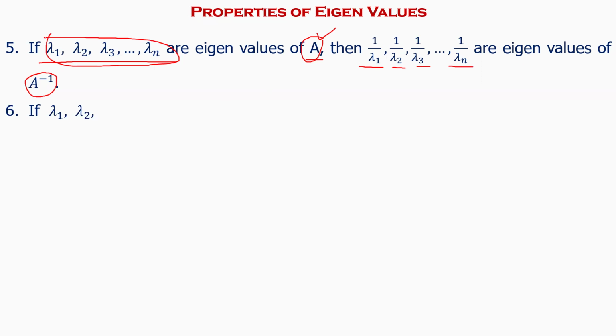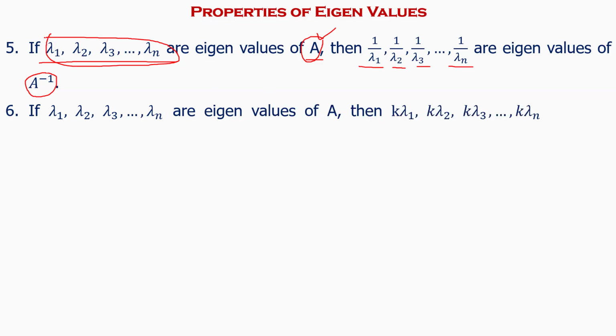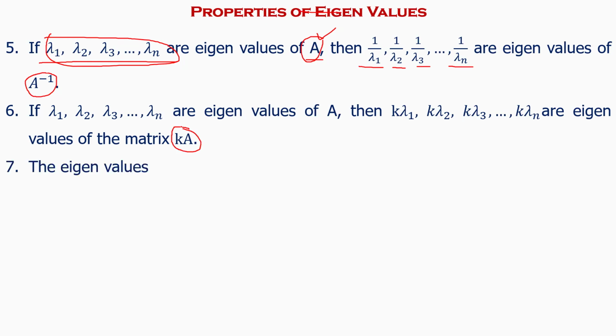Property number 6: if lambda 1, lambda 2, lambda 3 up to lambda n are eigenvalues of A, then k lambda 1, k lambda 2, k times lambda 3 up to k times lambda n are the eigenvalues of the matrix kA, k times A. Seventh property: the eigenvalues of A and its transpose, A transpose, are the same.